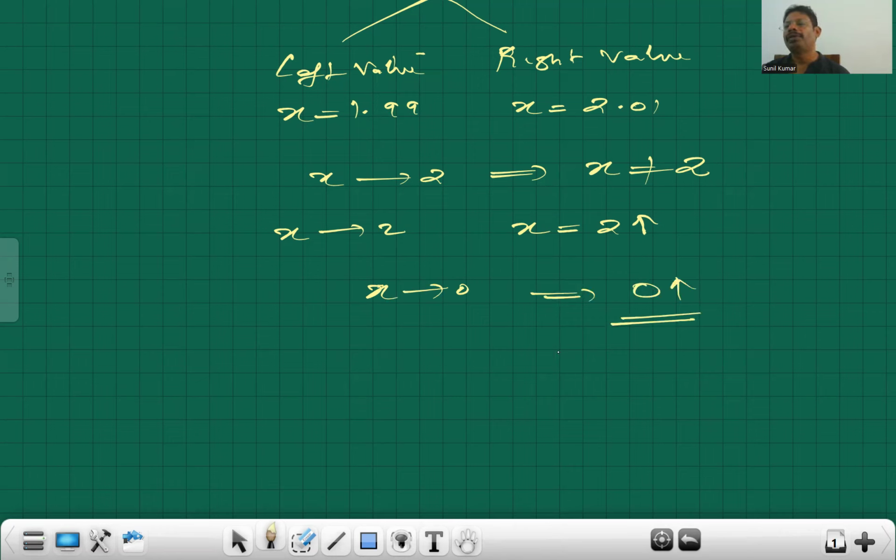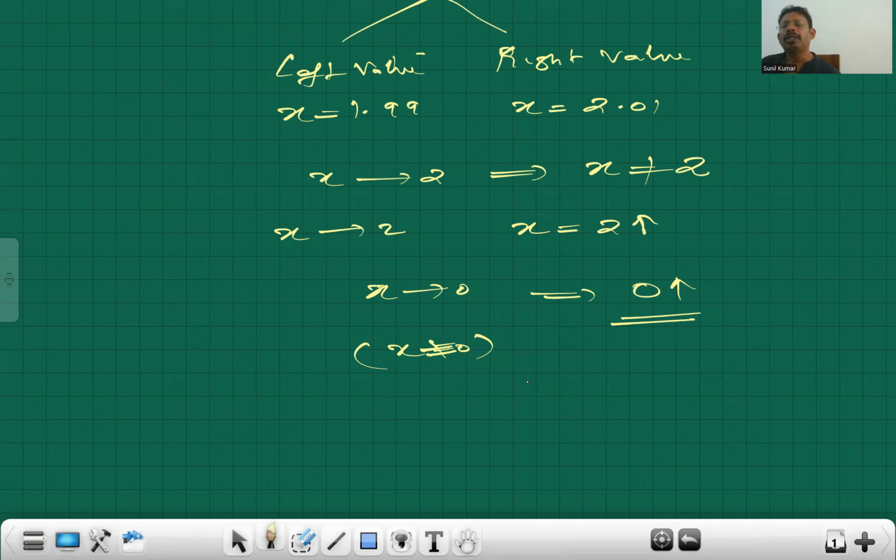This is the way we can learn that concept. x never becomes 0, but x is approximately equal to 0. That is what you should remember. So, a very basic concept only.